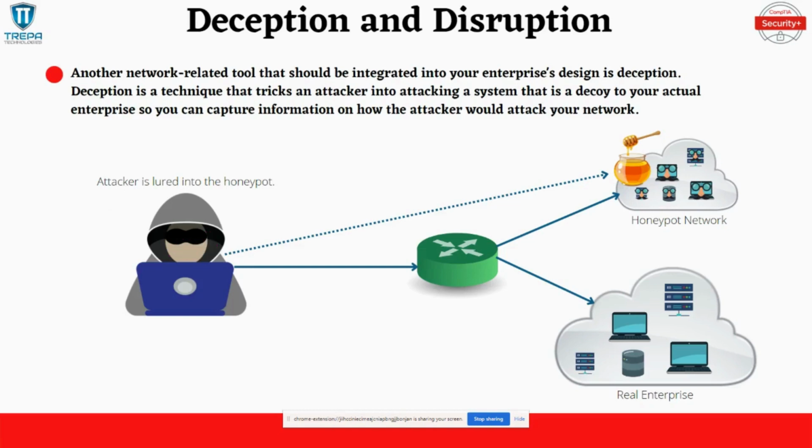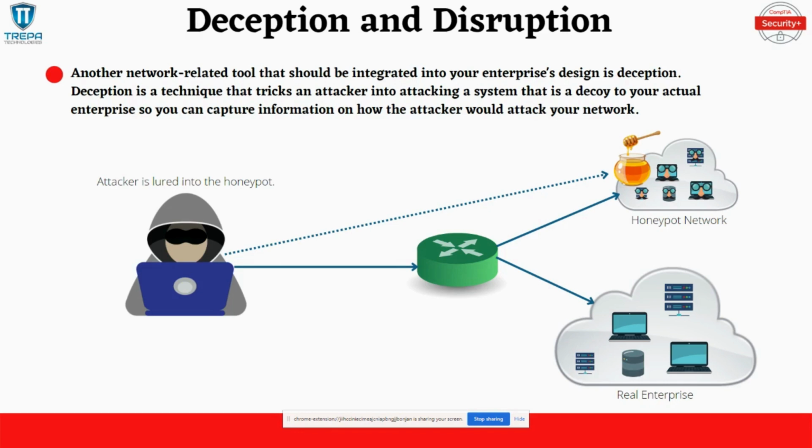And the last thing we're going to talk about is deception and disruption. Deception is another tool cybersecurity professionals have in their toolbox to protect and gain insight into threat actors. A honeypot is one of our deceptive techniques, and it is a decoy network that entices a threat actor to attack.